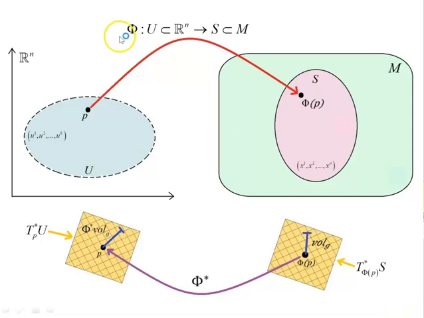Okay, so that's the situation. So phi is a map that takes points in the set U contained in Rn to the set S contained in M. This is dimension n, and this is dimension n as well, and S is dimension n as well.